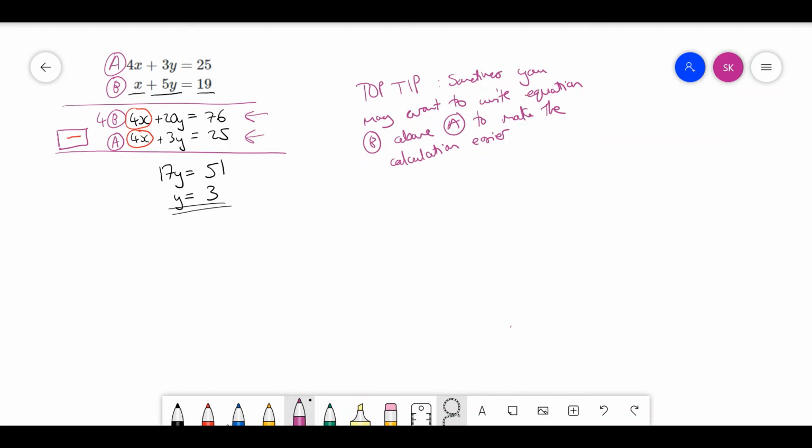You never want to substitute or check in the new equations like this one, because you may have made a mistake when you timesed this equation by 4. So always substitute into the original equations. If you want to write a top tip again, you write it next to this: subs in B, top tip, always subs into original A or B. Always subs into and always checks into.